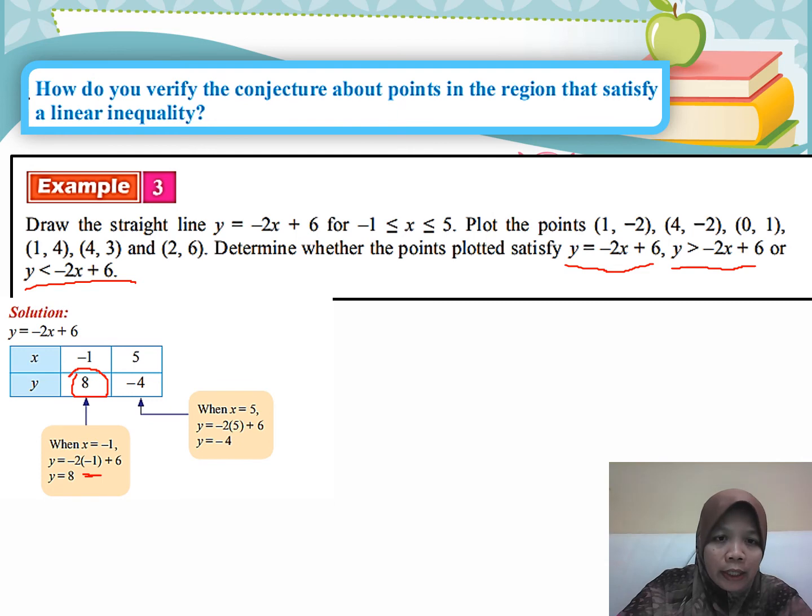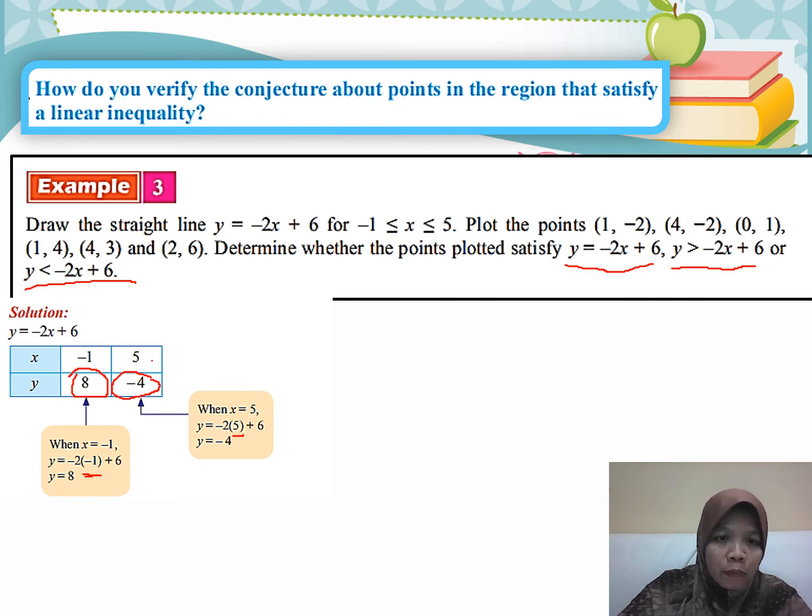And then when x equals 5, you substitute into the equation: negative 2 times 5 plus 6, you will get negative 4. Then when you have 2 points, you can draw the line for the given equation.